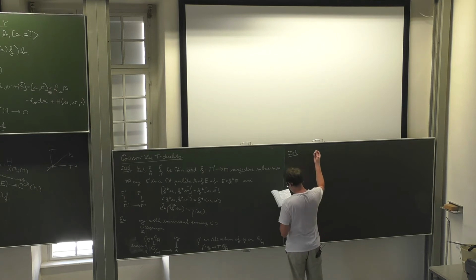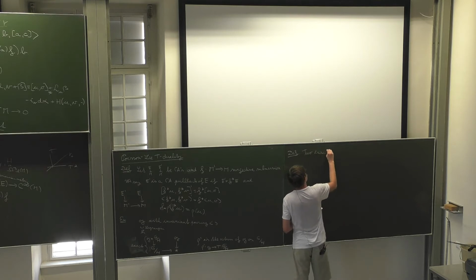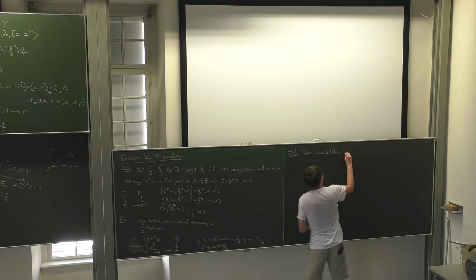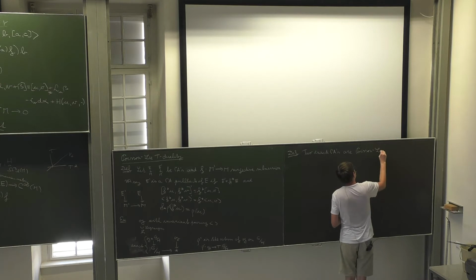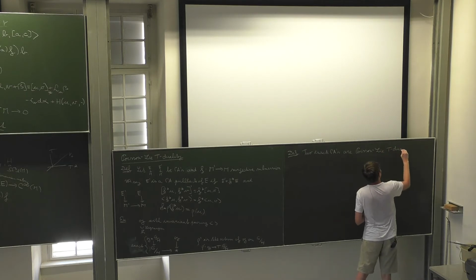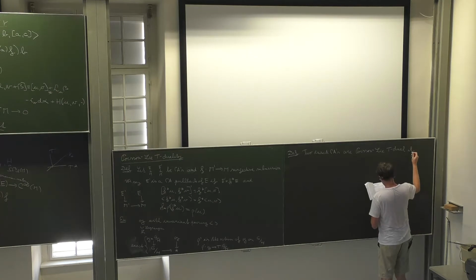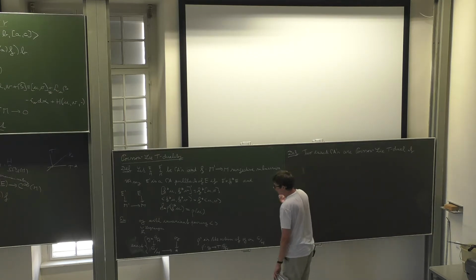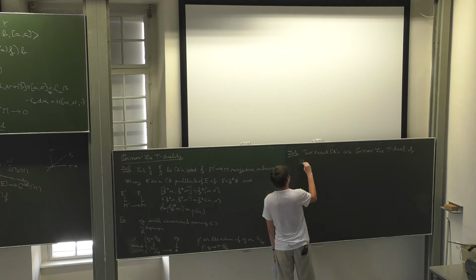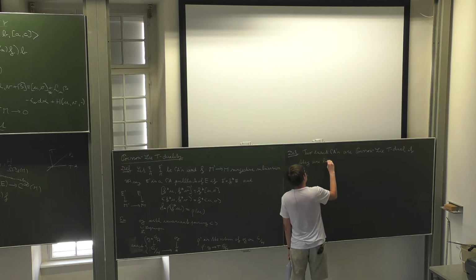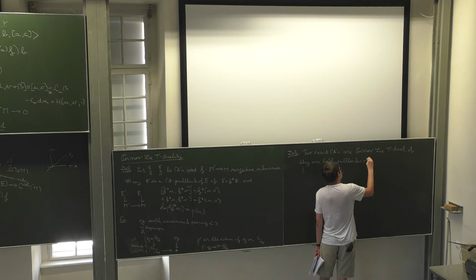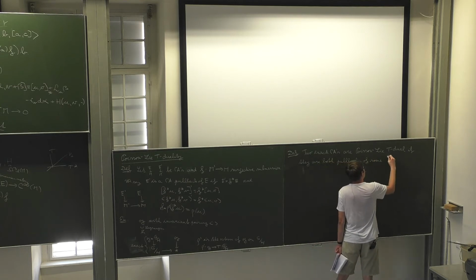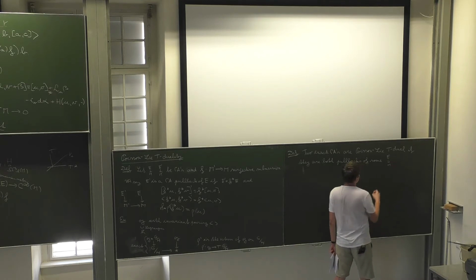Okay, so we say that two exact Courant algebroids are Poisson-Lie T-dual if they are both pullbacks of some other Courant algebroid, some E over M. This one doesn't have to be exact.